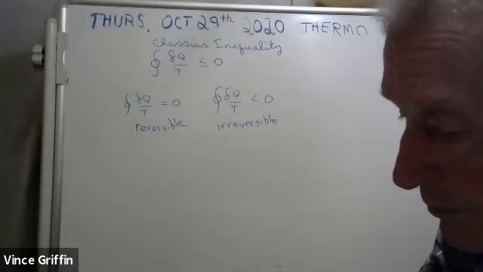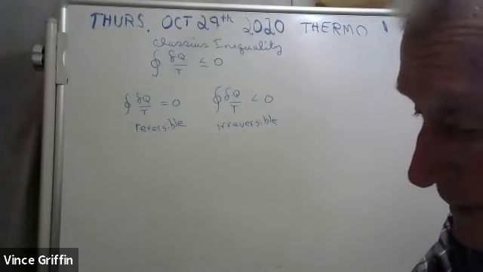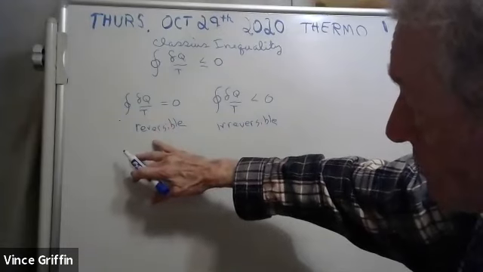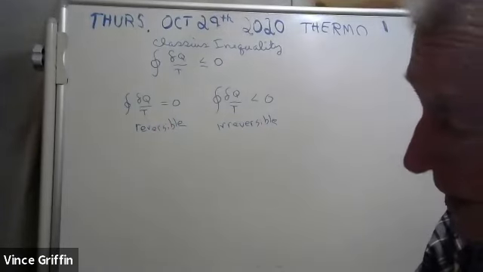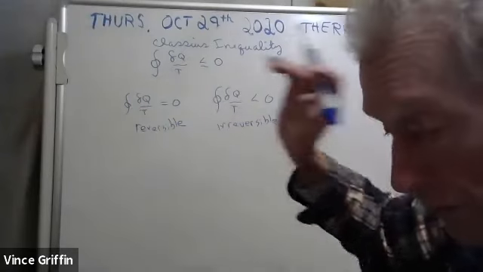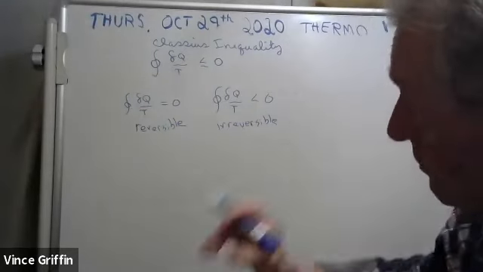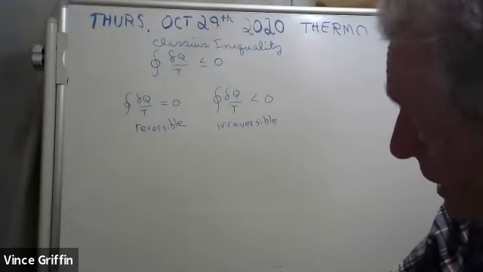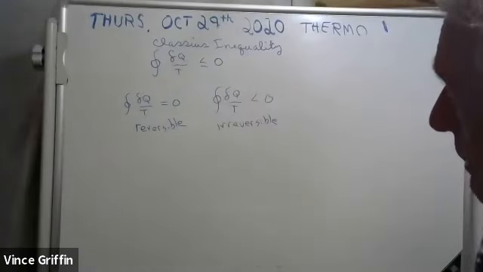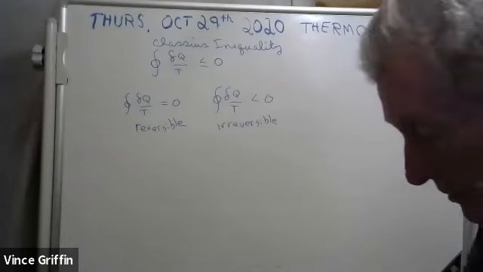And we've been plotting cycles. We did a Carnot cycle, which would be one of these. A Carnot cycle is reversible. And I showed you that this integral around the whole cycle is 0 for that Carnot cycle. But today's topic is what happens if you have an irreversible cycle?